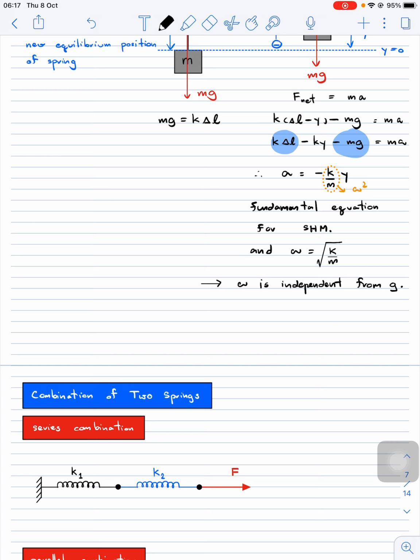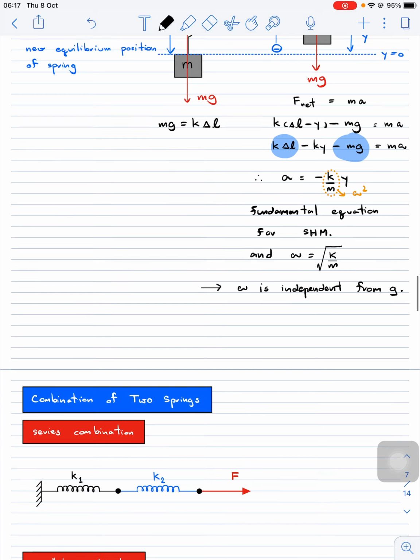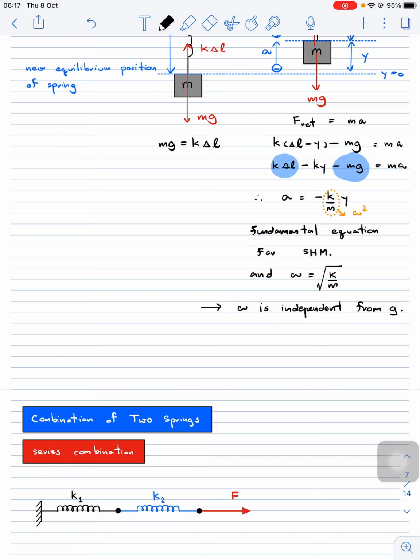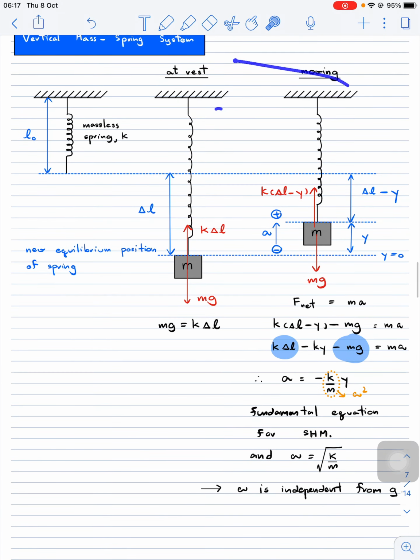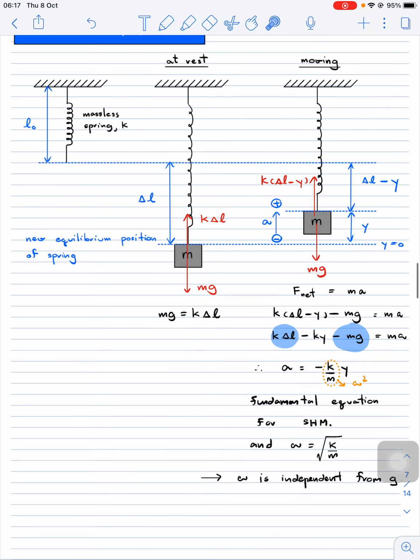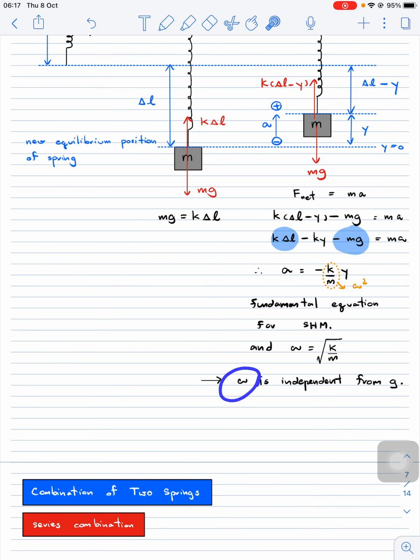If we do this experiment on the earth, and then go to the moon and do the same experiment, we should get the same omega. We should get the same angular frequency of the block, equal to the square root of k over m, because in this case omega doesn't depend on the gravity of the planet.